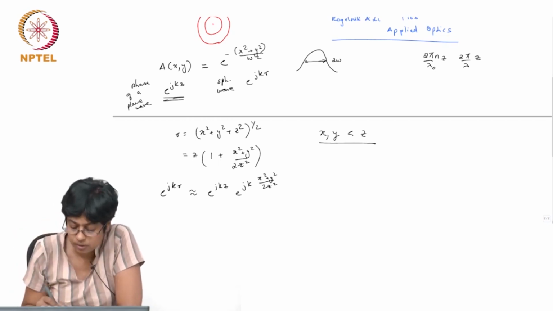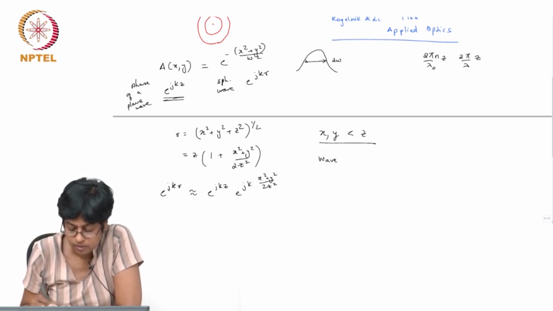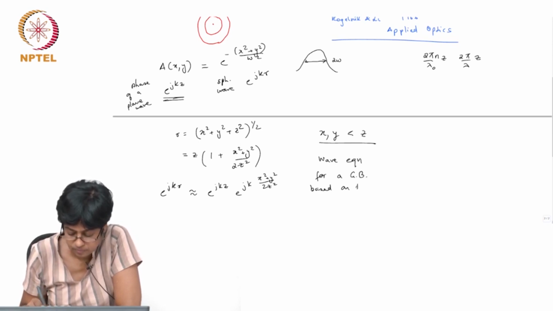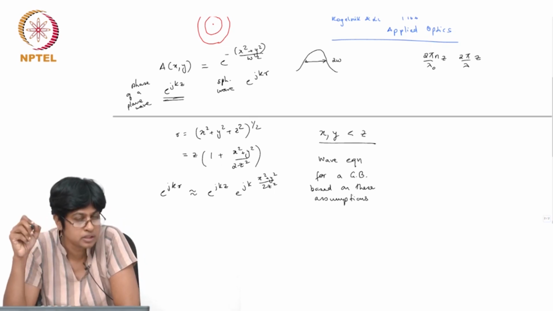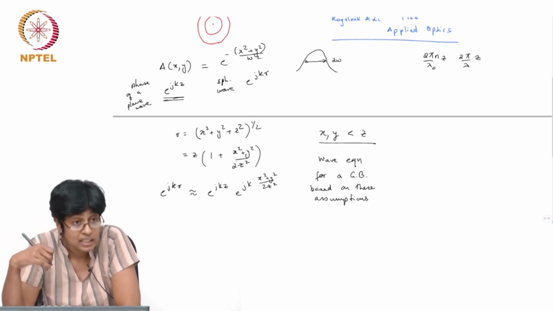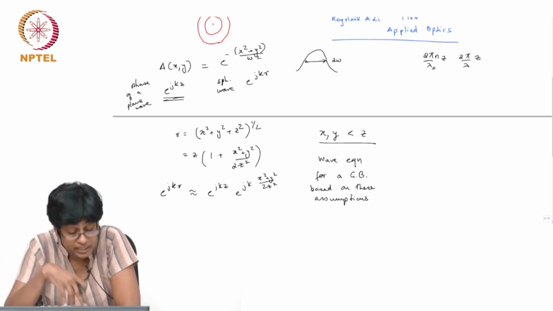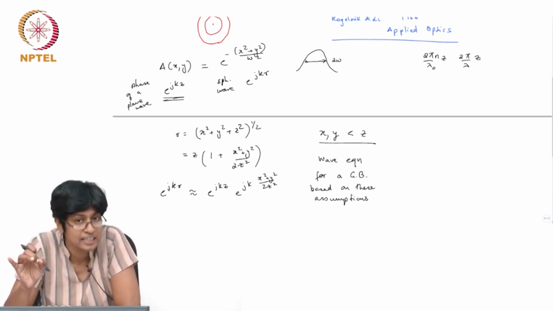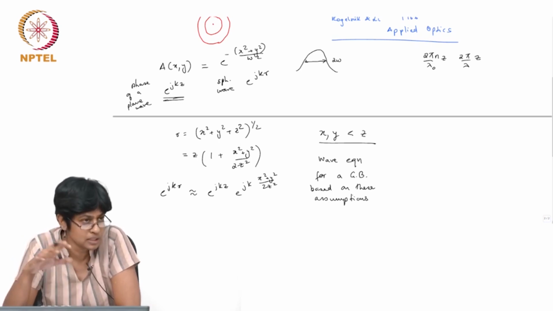So, if I write out the wave equation for a Gaussian beam based on my assumptions, since we've not done a formal solution of the wave equation, I can't assume that what I write down is exactly the wave equation for a Gaussian beam. But I know that it should have terms similar to these terms.